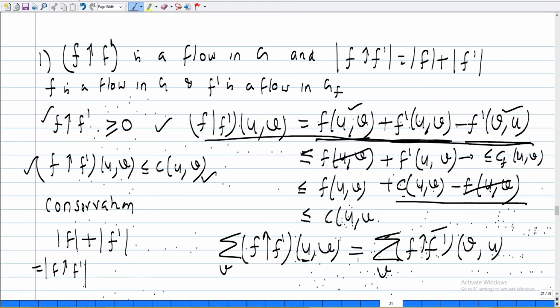So I will just stop here and let me just summarize. We defined network flows. We looked at the Ford-Fulkerson template.